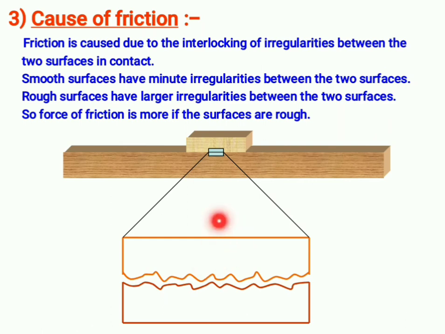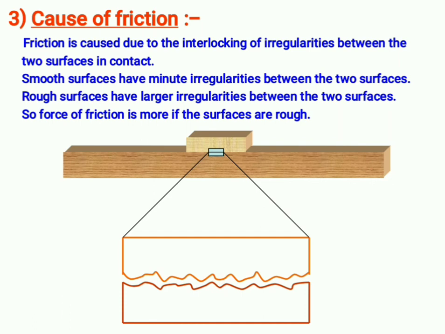When the top object has more weight. For example, can we move almirahs or cupboards very easily? No. If the weight is more, it is very difficult for us to push the object. Why? Because the interlock will be more, they get more pressed and more locked.